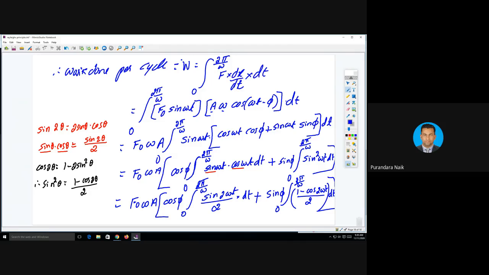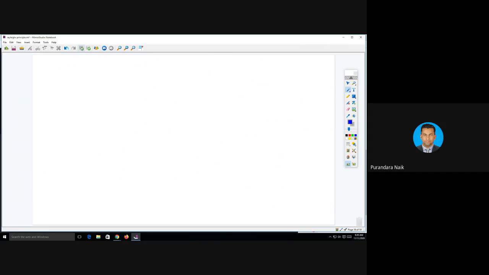So I'll write it directly. Look at this. If you integrate this previous term, you can simplify it, you can check it. So F naught omega into A will get the first term as 0, the second term as pi by omega sine phi.